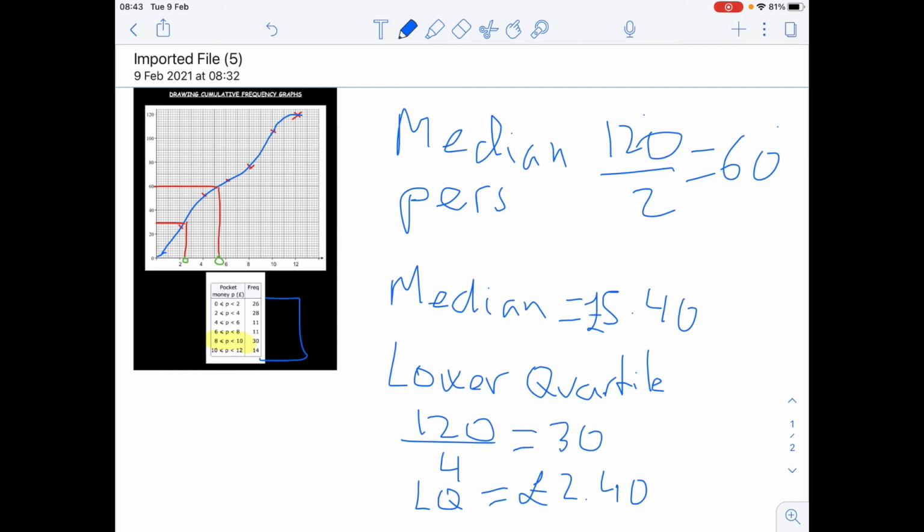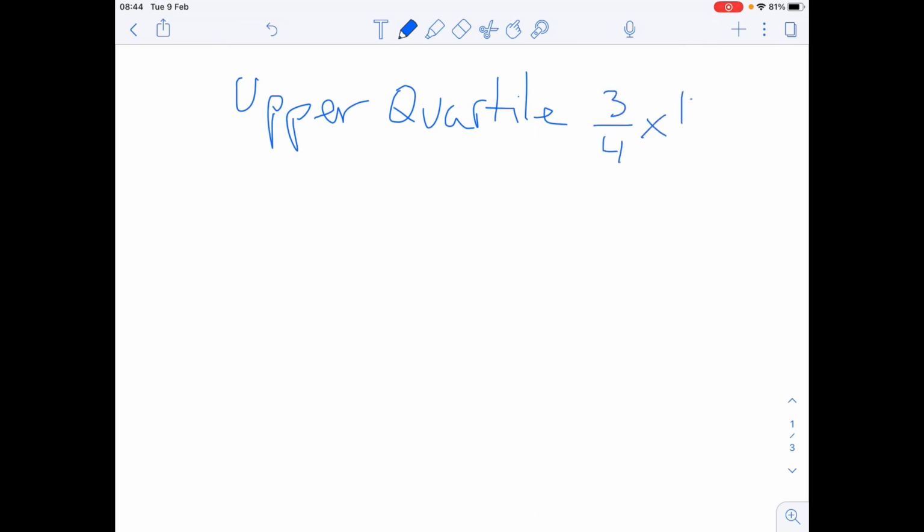And then if I can find the median and the lower quartile, I can also find the upper quartile. The upper quartile is going to be 3/4 of my total data. So 120 divided by 4 is 30 times 3 is 90. That's the upper quartile person, not the value.